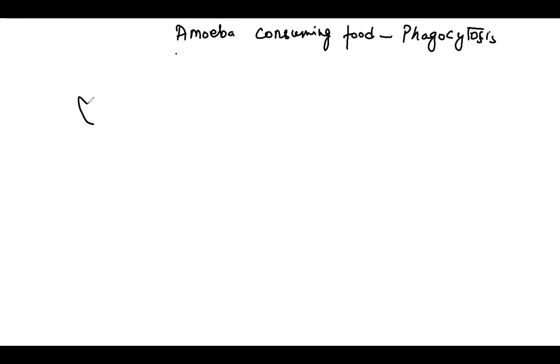Basically what happens, just imagine this is your amoeba. Just imagine this is its nucleus, and it has a contractile vacuole as well, what we have seen last. And just imagine its food is here, the food present in front of it.